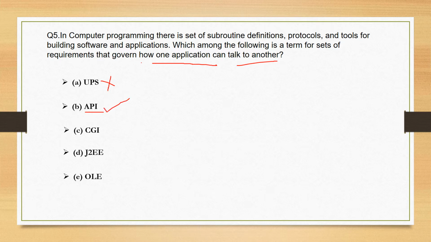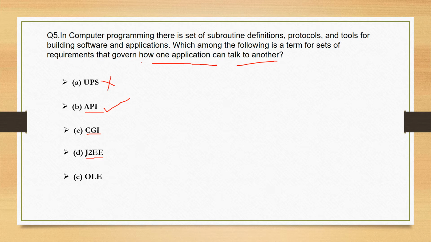Let's discuss the other options we have, like CGI. What is CGI? CGI is computer generated imagery. This is a graphic technology with which we can design images, even 3D images. So this is a technology basically used to generate images. What is J2EE? J2EE is a very popular term.